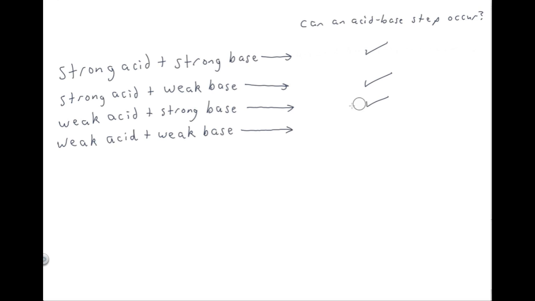The acid here is not very reactive, but the base is reactive, so that's good enough for an acid-base step to occur. But if you have a weak acid and a weak base, I'll put an X to show that you generally would not get an acid-base step here. If both the acid and the base are weak, if they're both fairly unreactive, then we don't expect to get an acid-base reaction. So the general rule is that at least one of these two starting materials should be classified as strong.